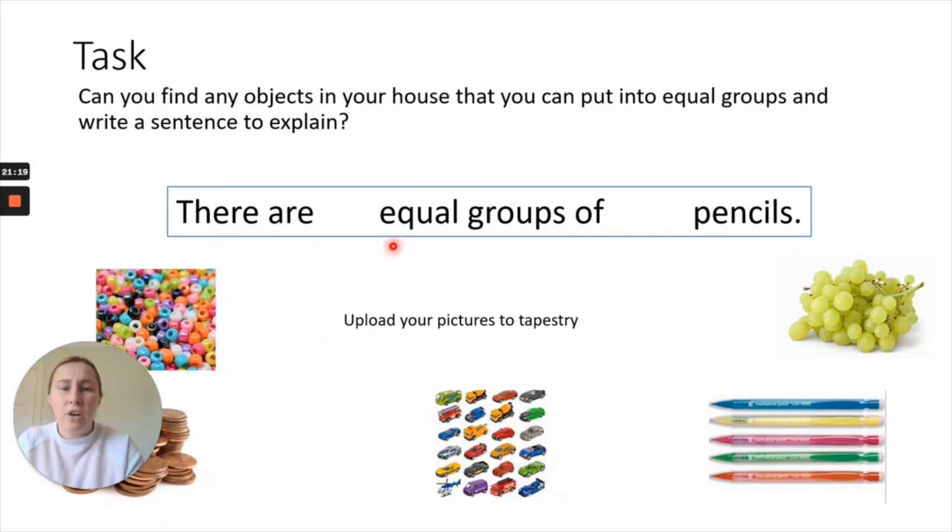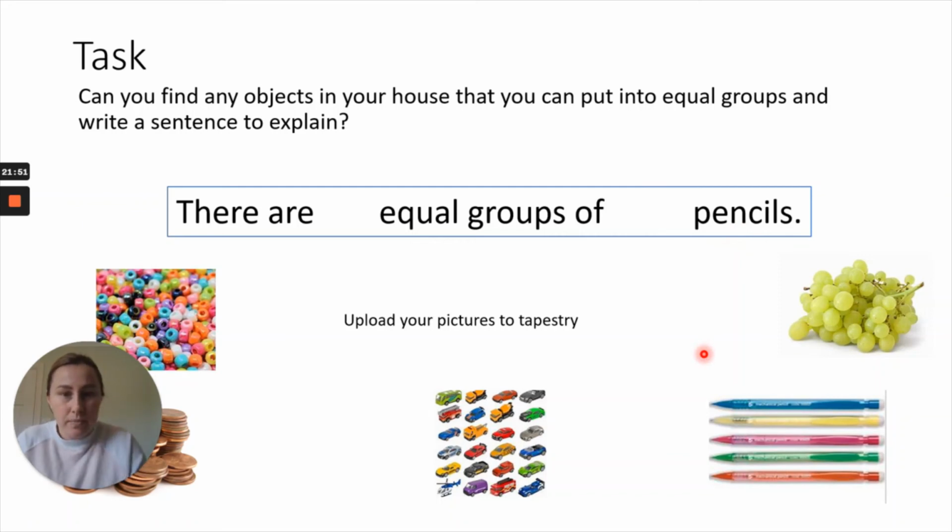So there are how many equal groups of how many of your object. Now I've put pencils, just like we did before when we looked at the pencil question, but you would change this depending on what objects you are using. So if I was using grapes, I would say there are however many equal groups of however many in each group of grapes.